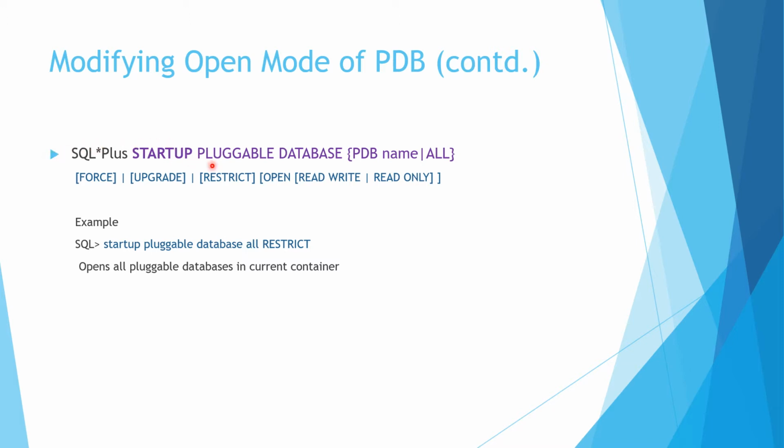The open option can be specified either with a read-write or with a read-only option. When the open option is specified with no other clause, read-write mode is the default. If a standby database is opened with the restricted option and neither open read-write nor open read-only is specified, the database is opened in the read-only mode.